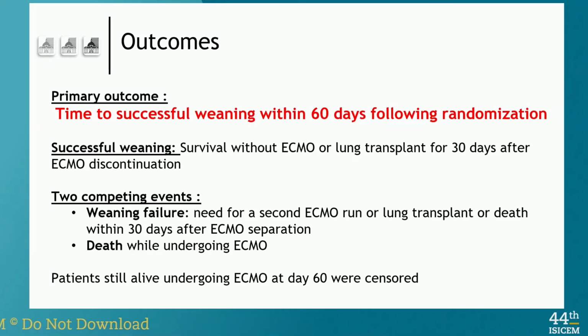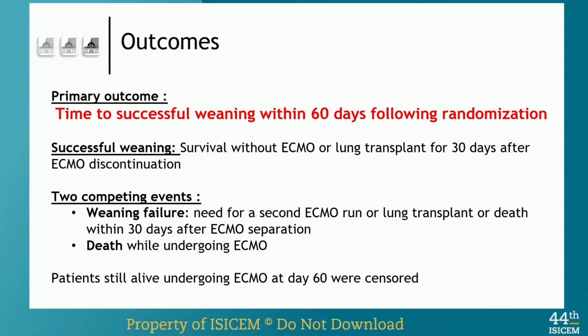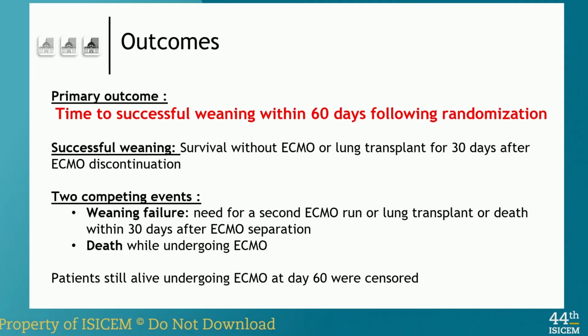We decided to take quite a strict definition: survival without ECMO or lung transplant for 30 days after ECMO discontinuation. So you need to stay alive 30 days after being decannulated. We analyzed 2 competing events: weaning failure, meaning patients who died within 30 days after being decannulated, or those who died while on ECMO.